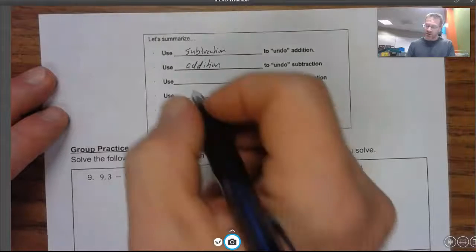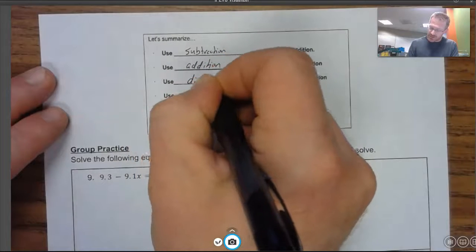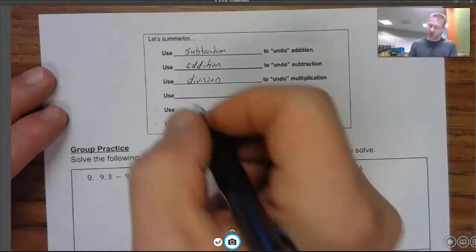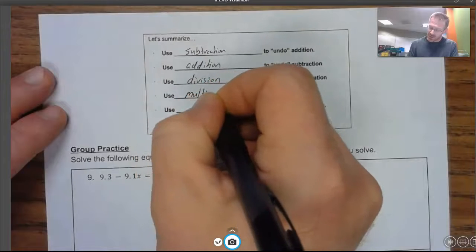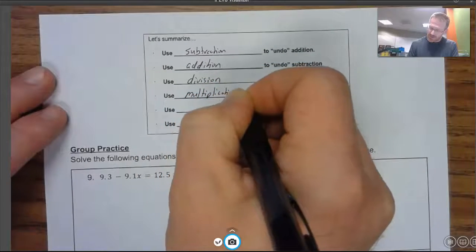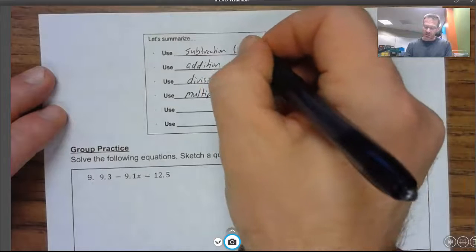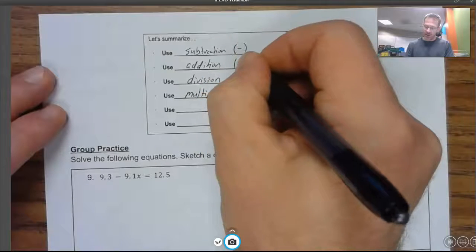We want to use division to undo multiplication. We want to use multiplication to undo division.